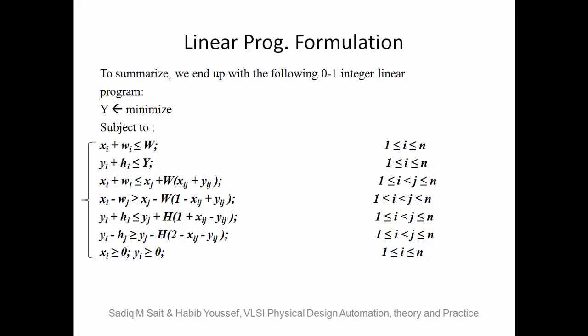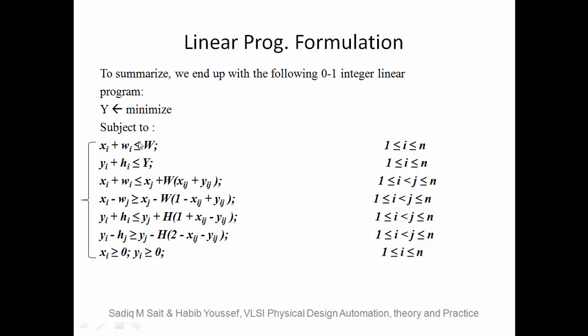It should be lesser than W, and the y coordinate plus the height must be lesser than the total height of the floor plan. So these two constraints, for all the modules i from 1 to n, must be satisfied.